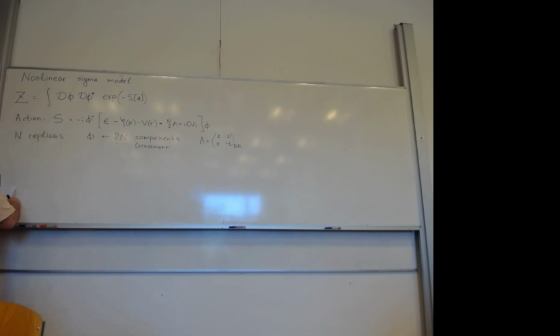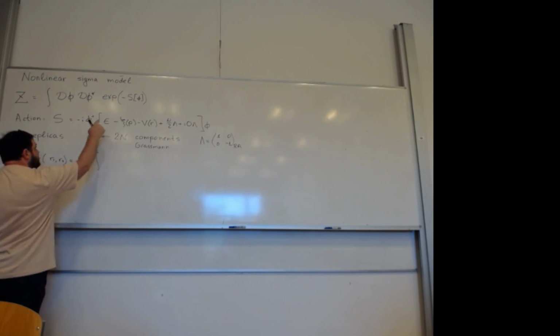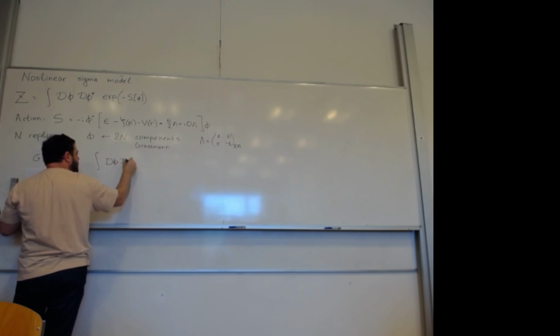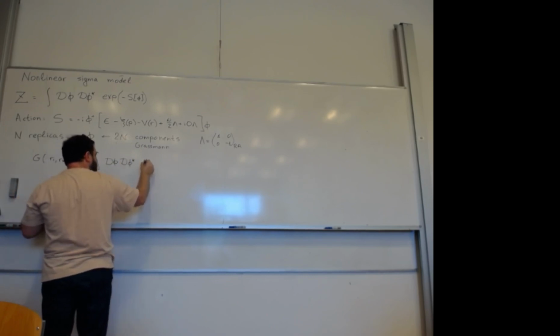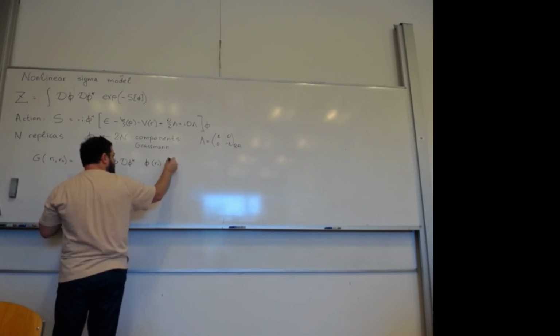So with all this, we also discussed that we can find the average Green function. First, just the Green function between points R1 and R2 in real space is represented as a Gaussian integral, similar to Z, over phi and phi star, with two additional fields in the pre-exponential, phi of R1 and phi star of R2.